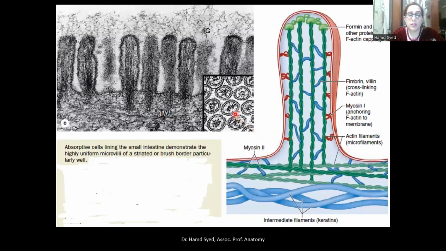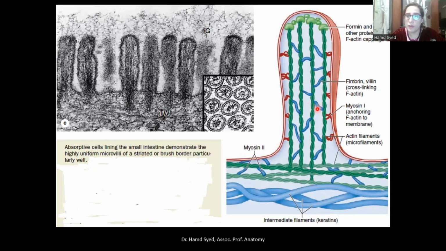So here is the same transmission electron micrograph. And now on the right side is a schematic diagram showing us the internal structure of the microvillus. You can see over here that this consists of the actin filaments, which are the microfilaments. Along with that, some anchoring filaments are also present, like formin at the distal end, or the tip or apex of the microvillus, and fimbrin, villin.